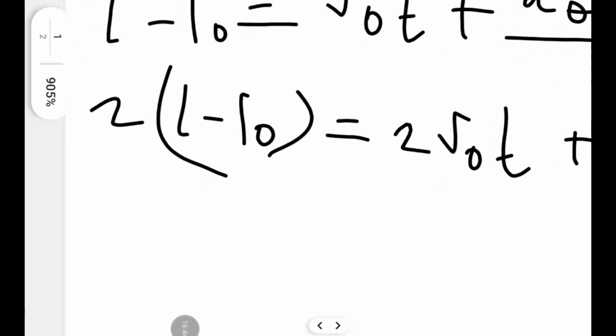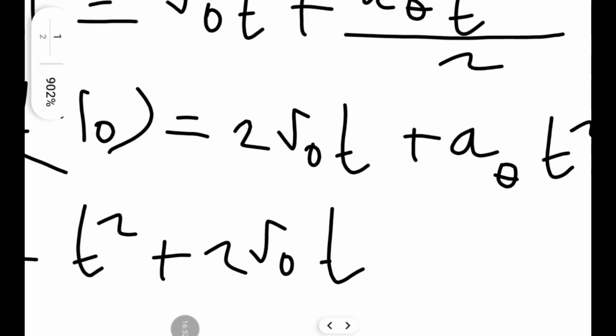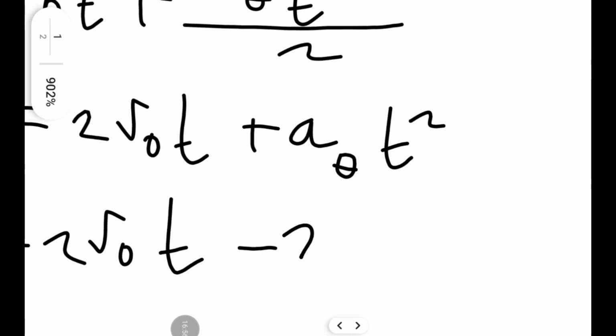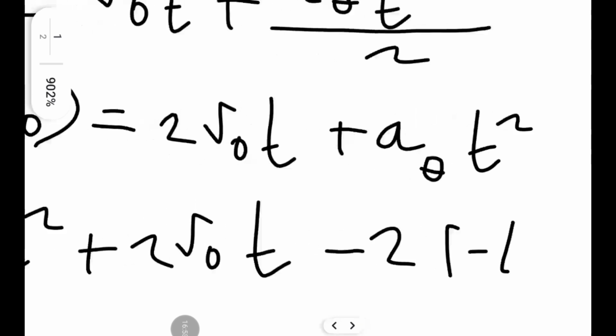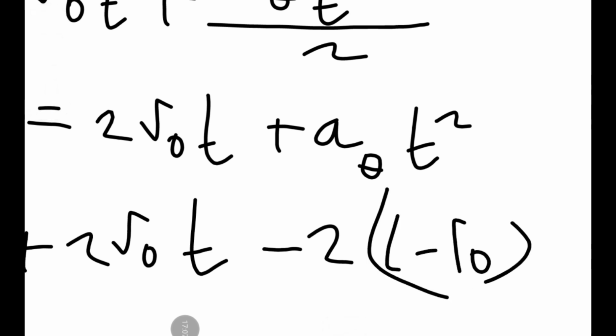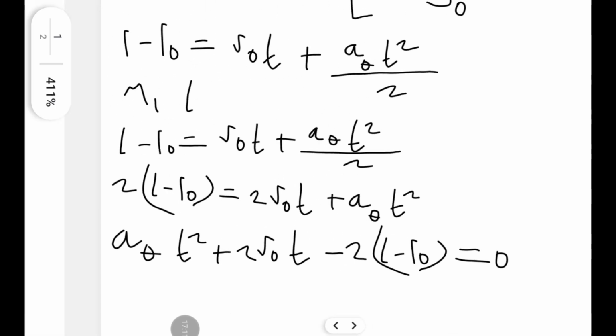So we want to rearrange it into this form: a theta t squared plus 2v0 t minus 2 times L minus r0, sorry, I apologize, it should be L minus r0, like that, is equal to 0.